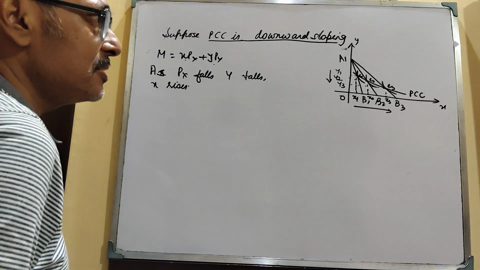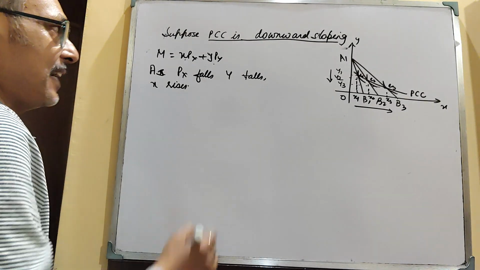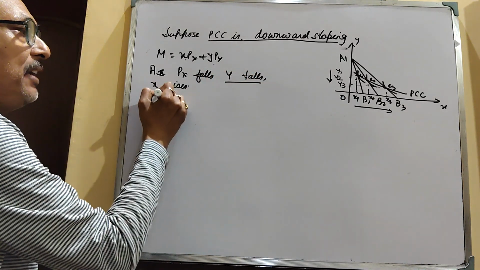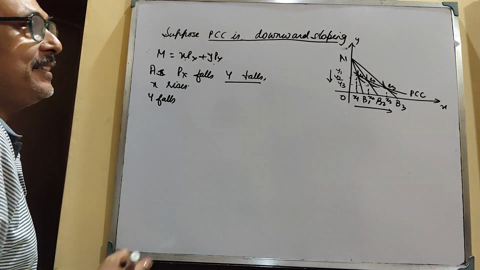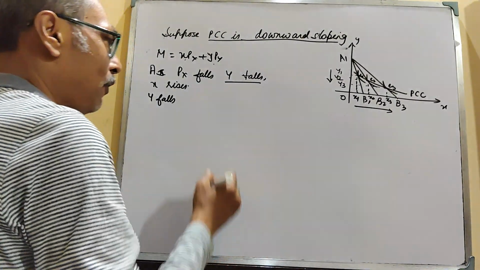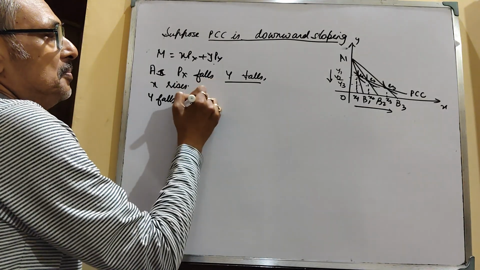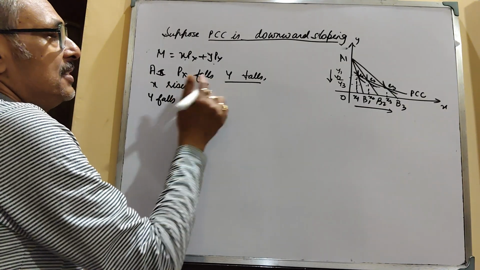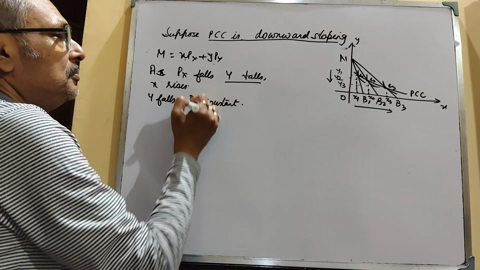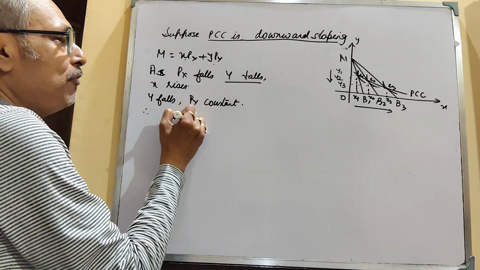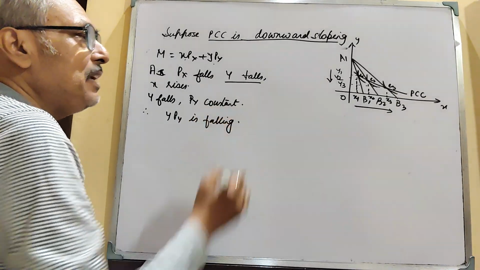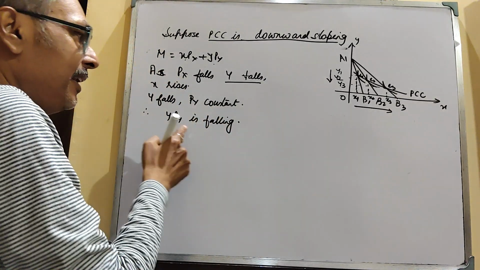Now, y falls, py constant. Quantity demanded for y falls. The equilibrium quantity of y falls, py constant. This is assumed. Therefore, ypy is falling. This is the number one thing.